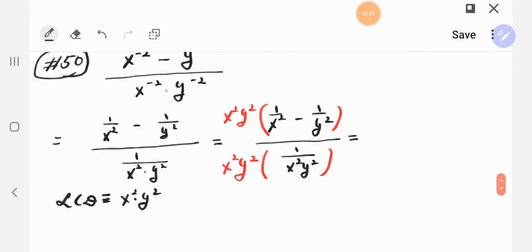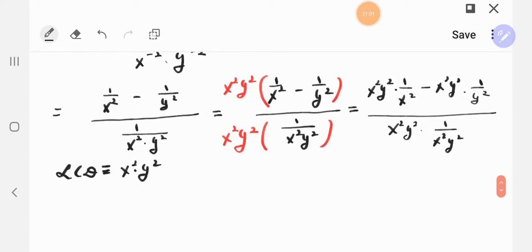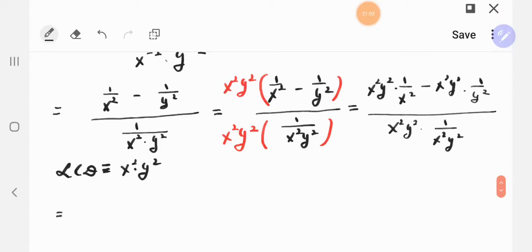Then this will be equal to x squared y squared times 1 over x squared minus x squared y squared times 1 over y squared, over x squared y squared times 1 over x squared y squared. Alright, then in the first term in the numerator, we can cancel out x squared, so we have y squared only, and the minus.